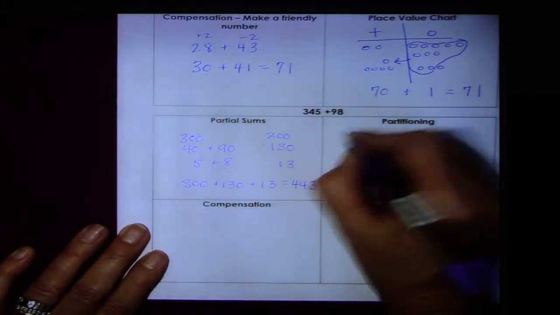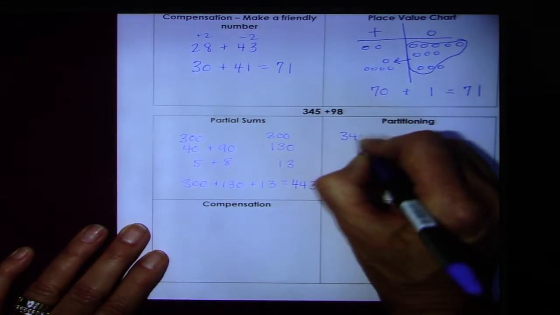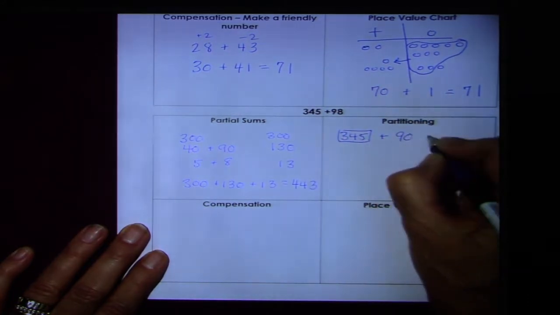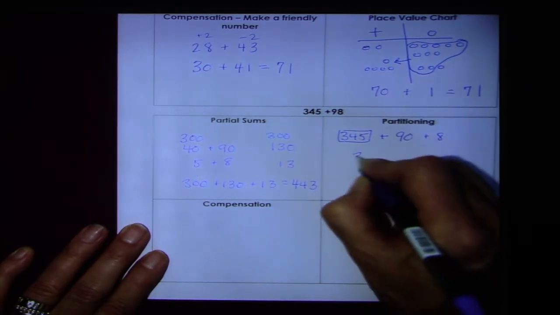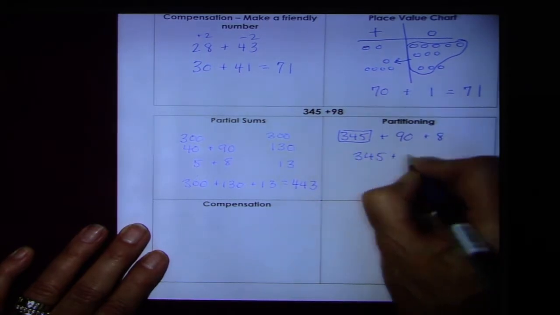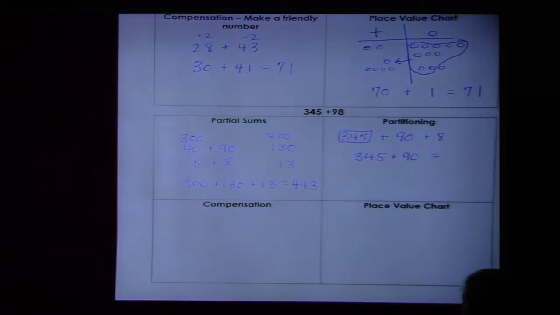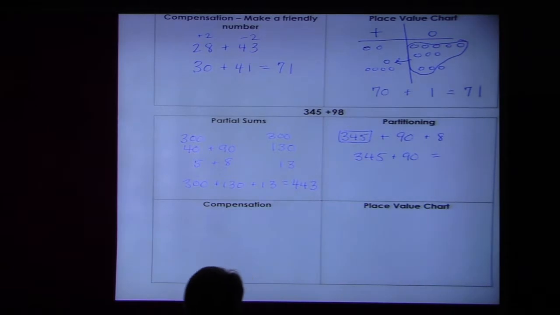Partitioning. I'm going to box the 345, and then I'm going to add 90, and I'm going to add 8. Now, I'm going to talk with you. Adding 90. I don't know whether that's so easy or not, but I could add 100 and get 445 and take away 10 and get 435.